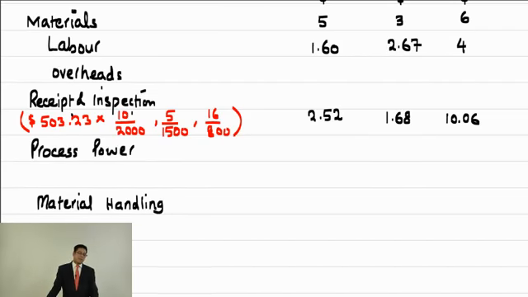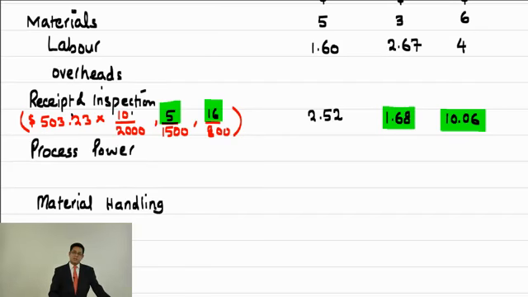Did you notice something before I look into power and material handling? Remember how I was defining and developing the cost drivers. Cost drivers are the bases or factors which become the reason to generate overhead, which trigger the overhead, which control the overhead cost, meaning more the driver number, more the overhead cost, less the driver number, less the overhead cost.